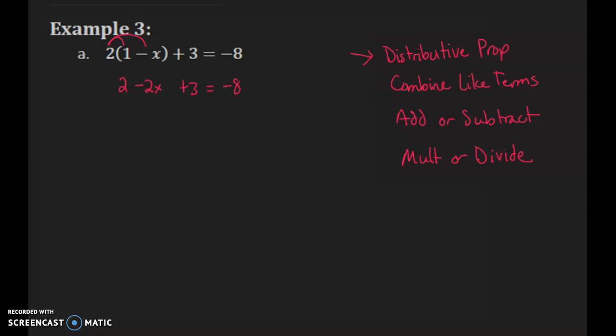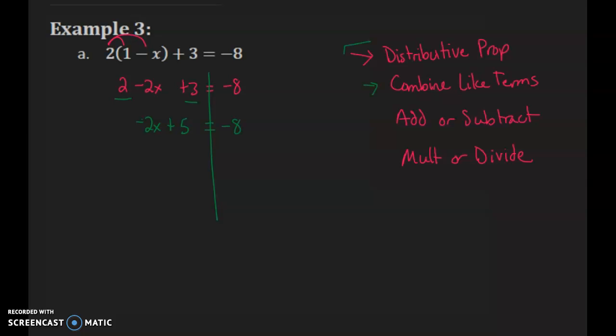So now let's see if there is anything that we can combine that are like terms. We have both a 2 and a plus 3 on the same side of the equal sign. So we can combine those because neither has a variable. So we still have negative 2x, but 2 plus 3 is 5. And we still have equals negative 8.